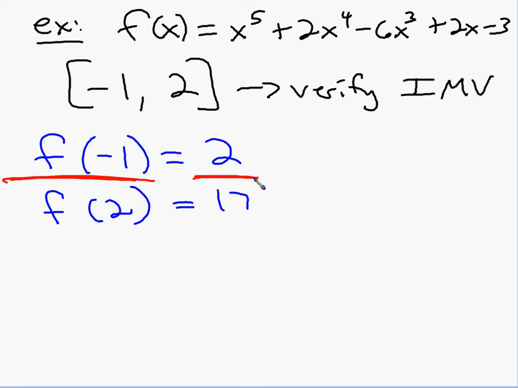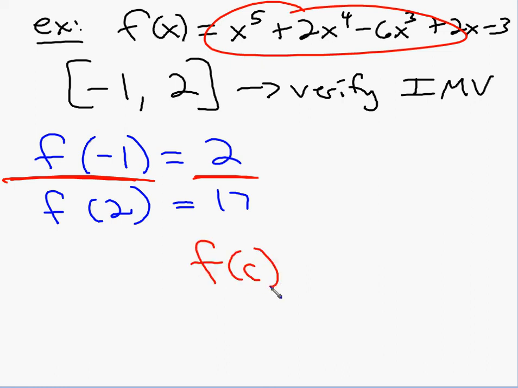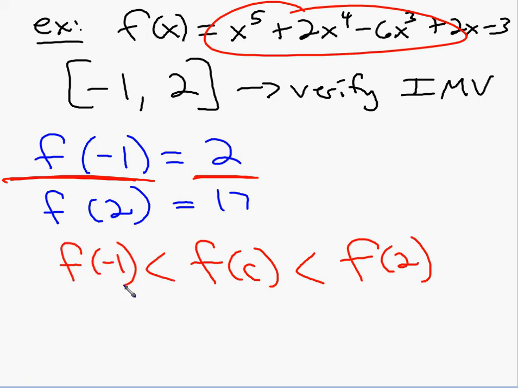Couldn't you consult the graph? Isn't this a big, long, ugly polynomial? So this is a good place to consult a graph and see what's going on. But there is at least one number, f of c, in between f of negative 1 and f of 2. And then we would need to find it.